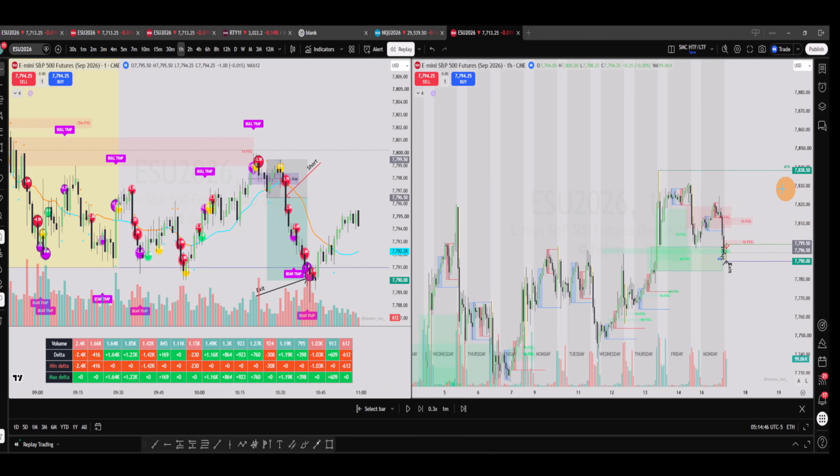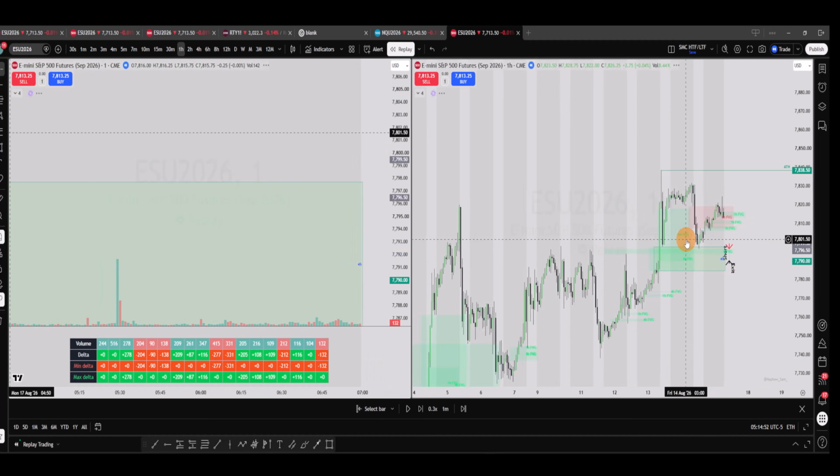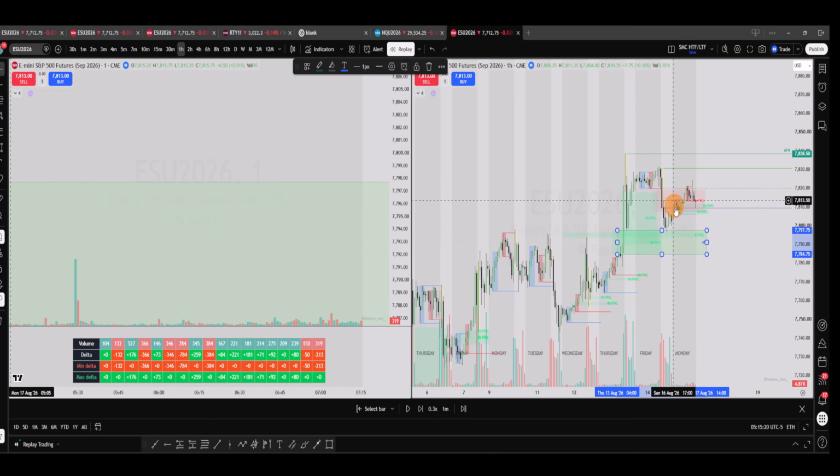So as we head into the market, let me just move this back here. As we were coming into the open, we have, broadly speaking, two major imbalances to contend with. We have the bearish imbalance here that was injected on Friday, and then we have that broader bullish flow.